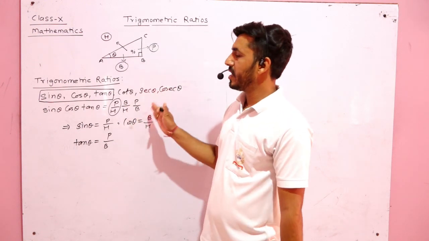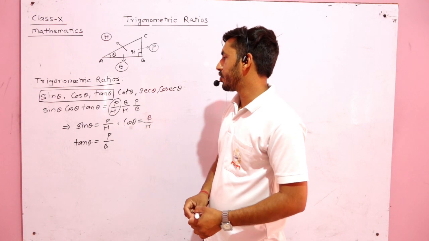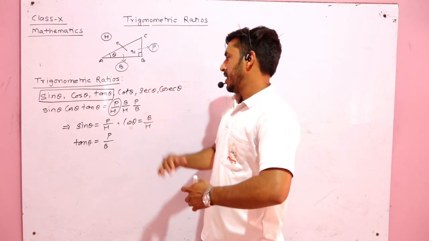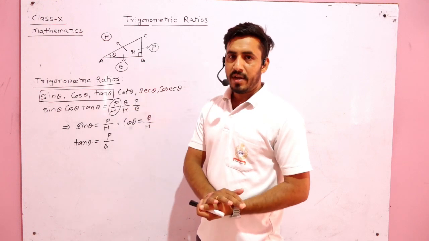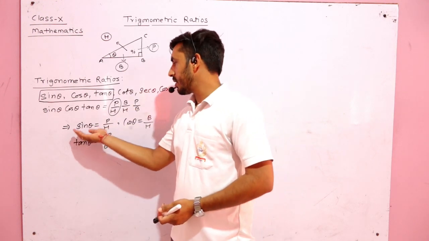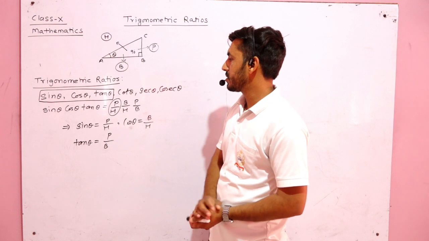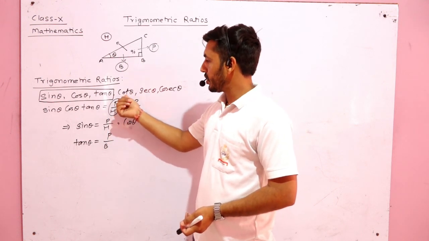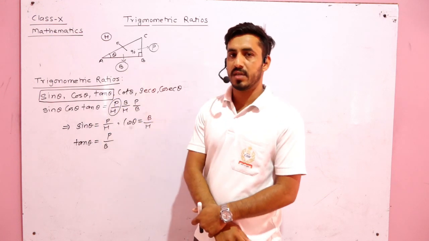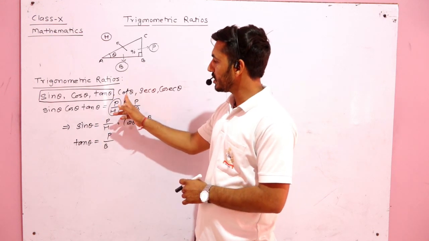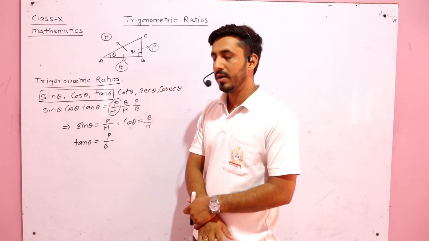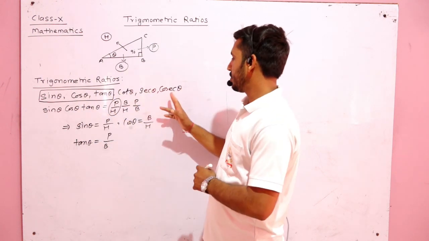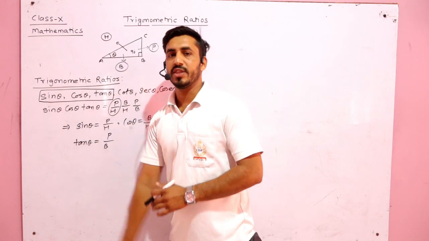The other remaining three, cot theta, sec theta and cosec theta, can be obtained by taking opposites (reciprocals) respectively. Cot theta will be the opposite of tan theta, sec theta the opposite of cos theta, and cosec theta the opposite of sin theta.